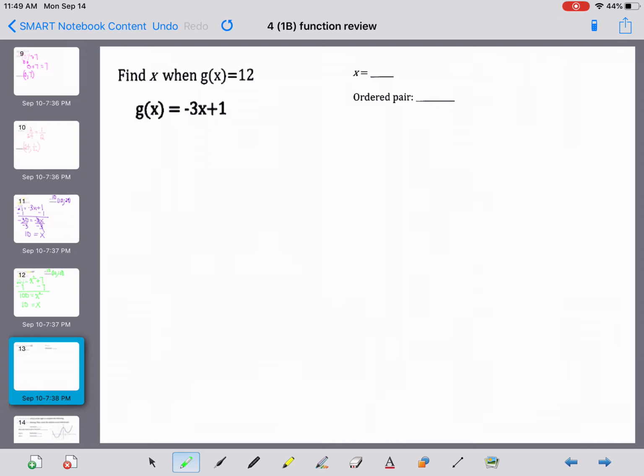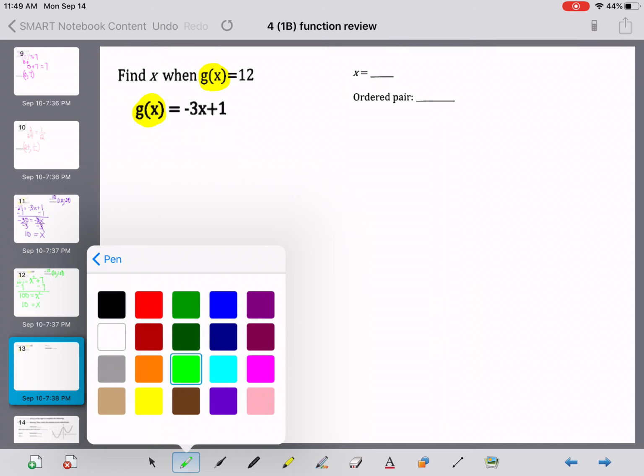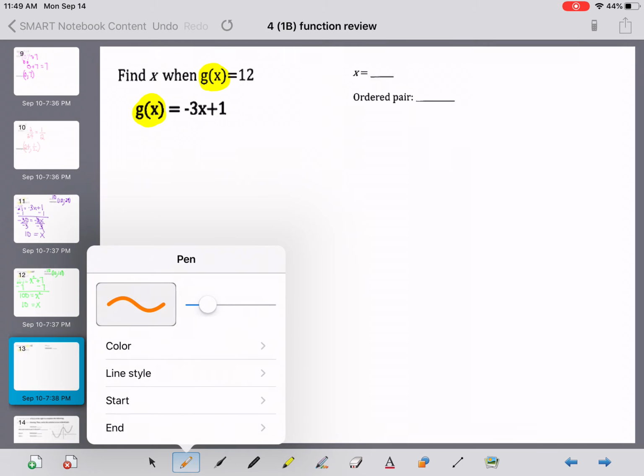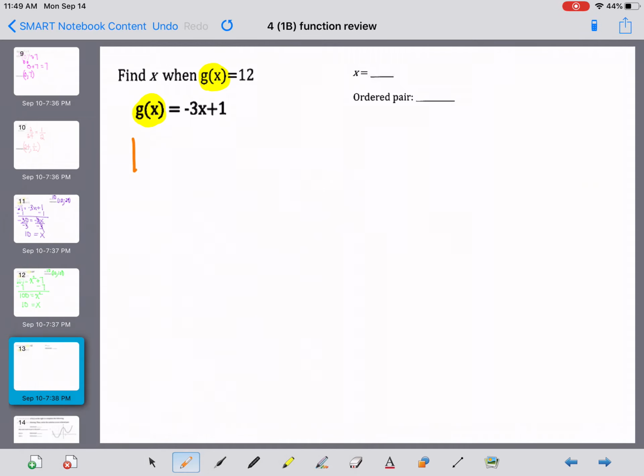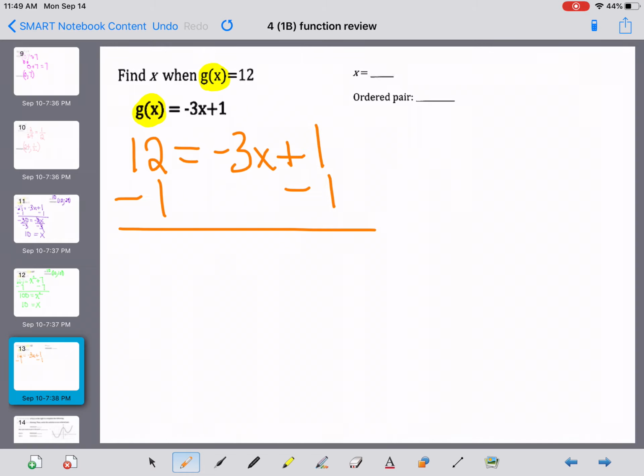Lastly, on this part of the notes, one more time, make sure to use the correct function. We're given g of x equals 12. So for g of x, we need to use the right equation, and we need to replace in the correct part of the equation. And when we do, we're going to put 12 into our equation. I'm going to subtract 1 from both sides. And we end up with 11 equals negative 3x. Divide both sides by negative 3.